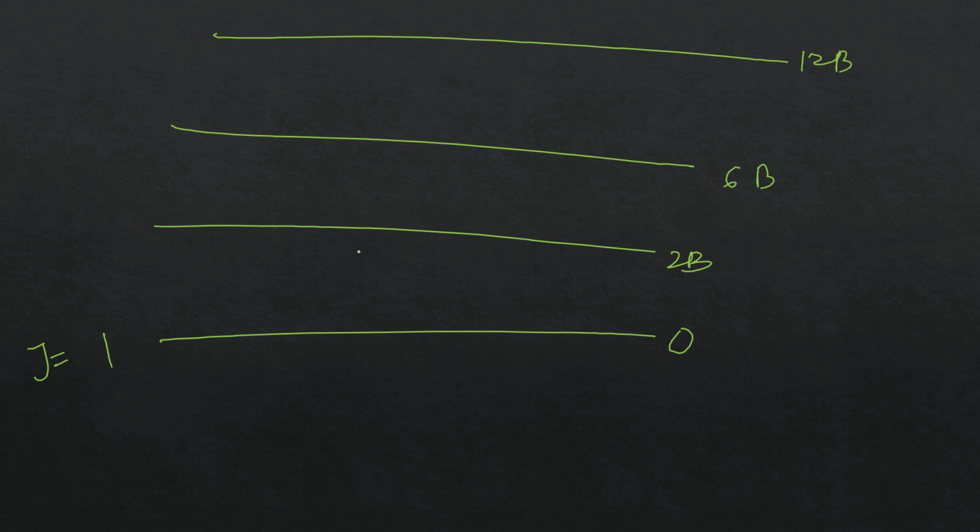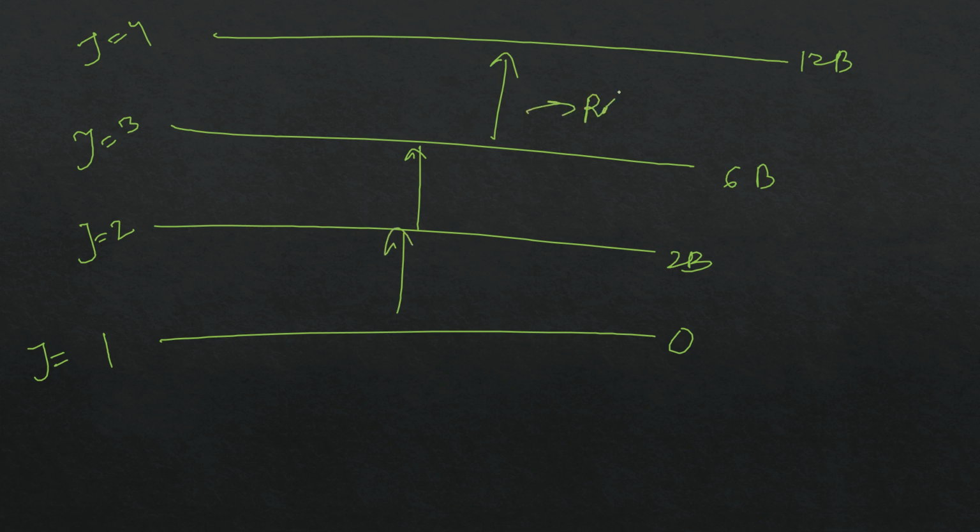It's just I have done it a little bit. So like J is equal to 1, J is equal to 2, like this. Okay. This is your rotational line. Alright? And these are what?